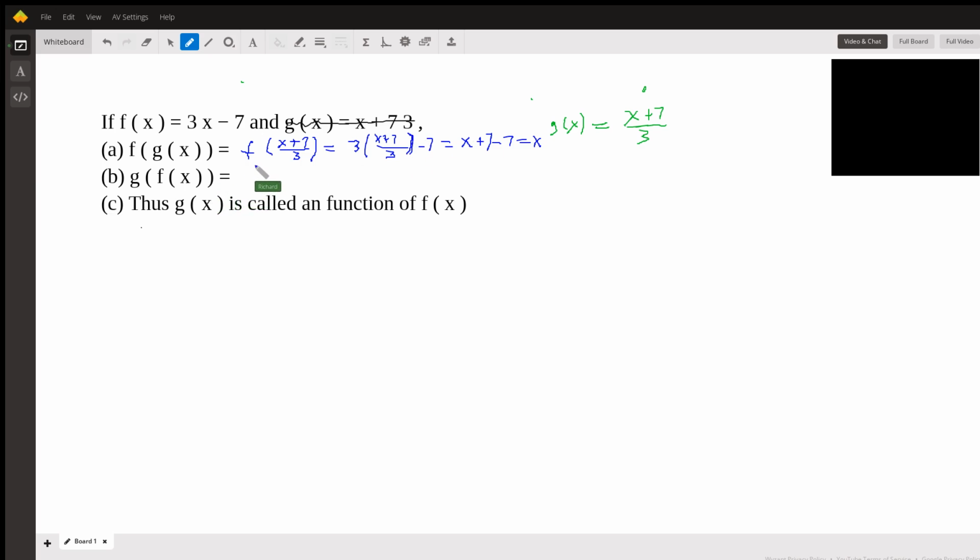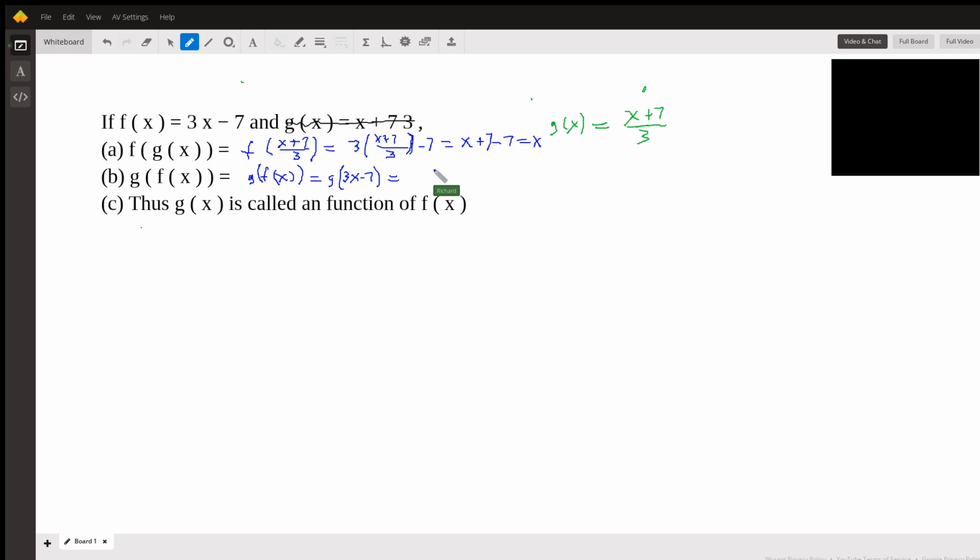And then down here, we'll do g of f of x. I'm just going to replace f of x with its expression, which is 3x minus 7. So now the g function over here says whatever I give you, you're going to add 7 to it and then divide by 3.